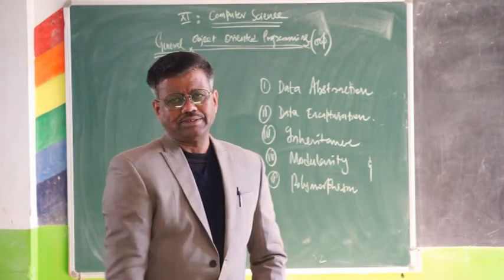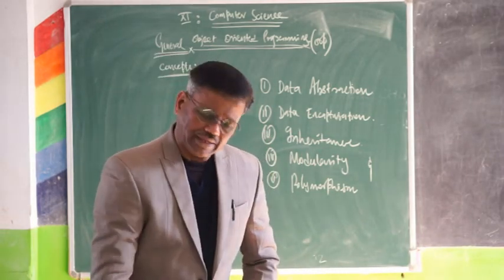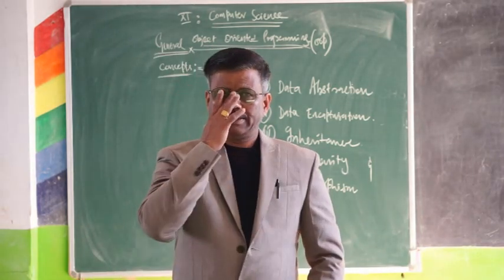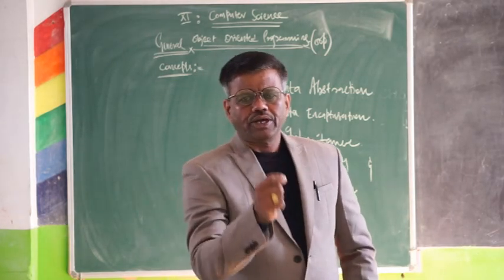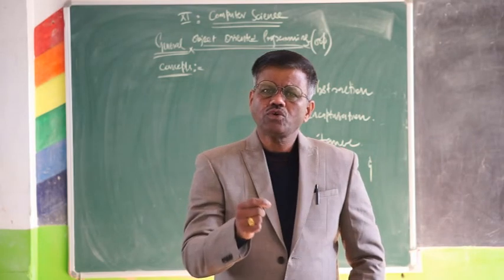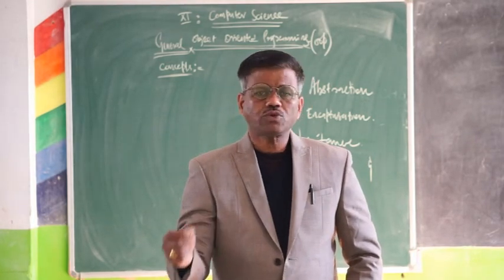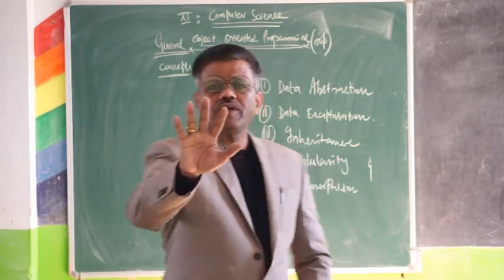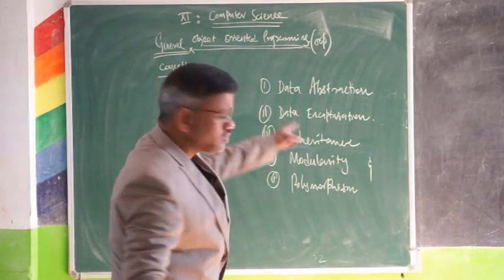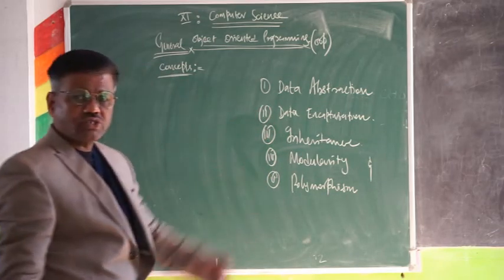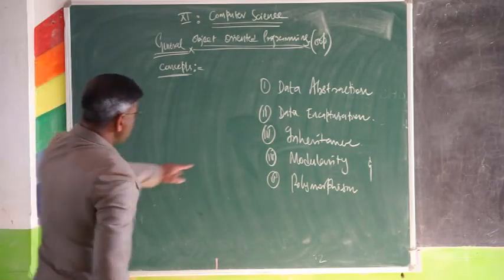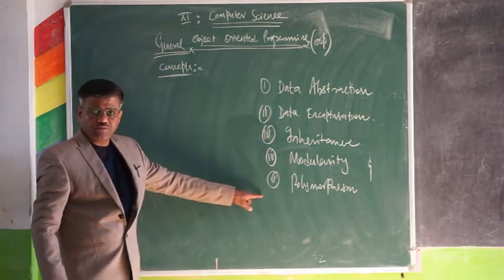What do you mean by that? The meaning goes like this. If you want to call a program object-oriented, Java is object-oriented programming because it should satisfy 5 conditions. It should have the quality of data abstraction, data encapsulation, inheritance, modularity and polymorphism.